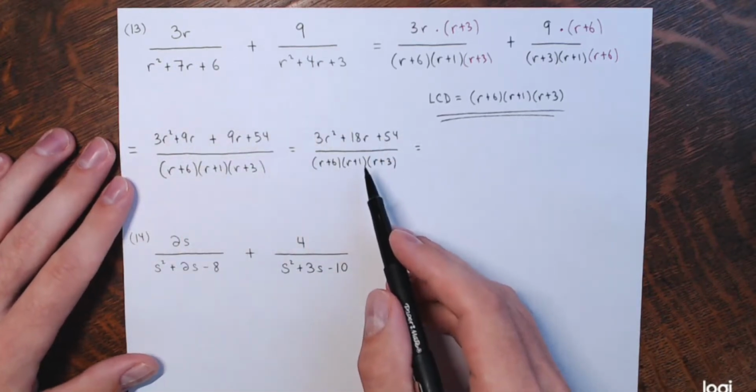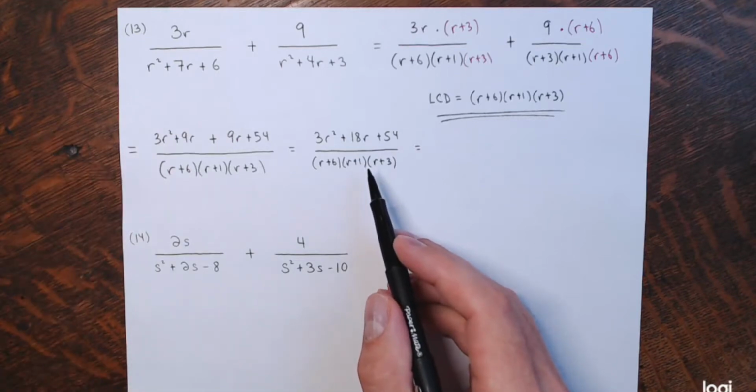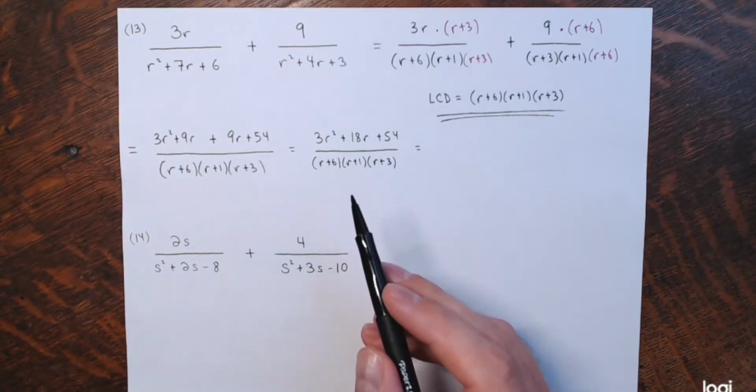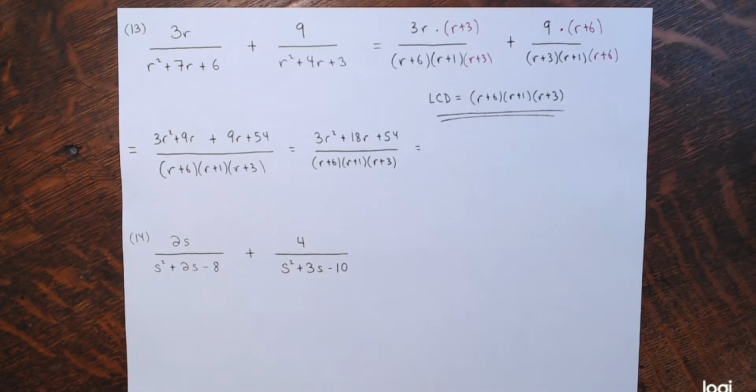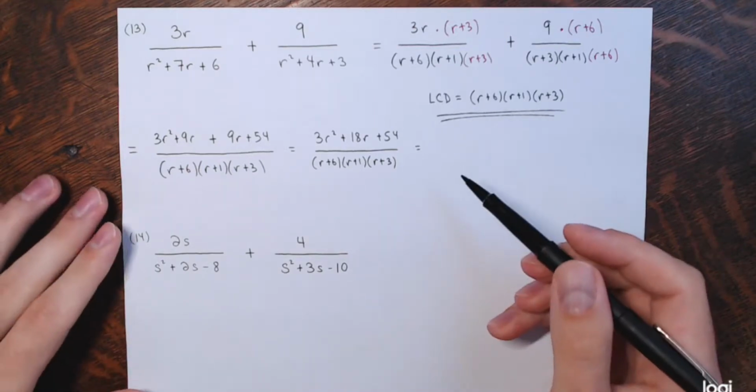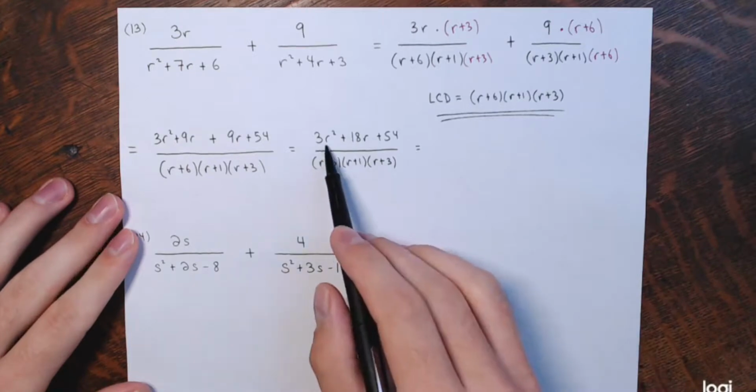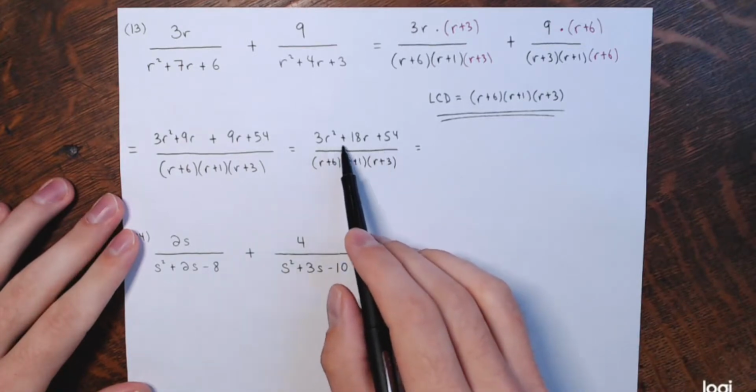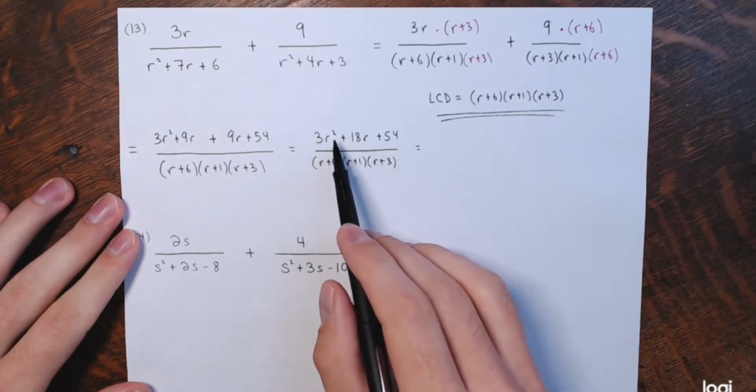Cool. But it's not simplified. After I add or subtract, then I'm going to simplify. Factor the numerator, factor the denominator, and cancel any common factors. Well, the numerator has a common factor of 3.